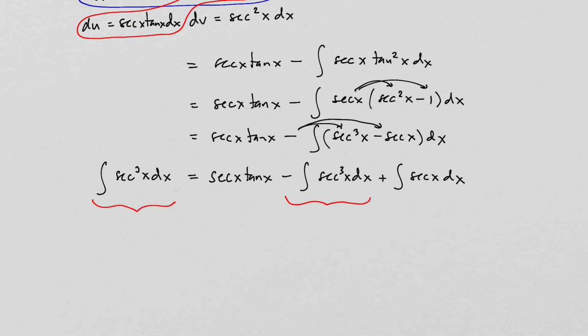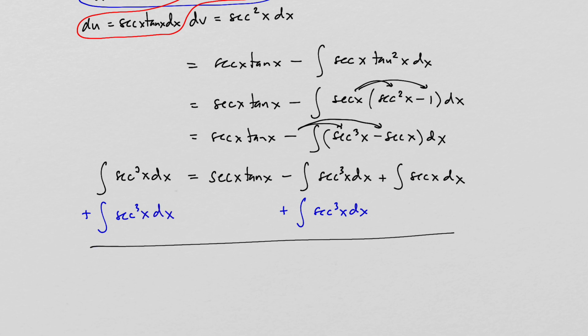And when that happens, what you can do is add that quantity to both sides. So I'm going to add the integral of secant cubed to both sides. When we do this, we get 2 times the integral of secant cubed.